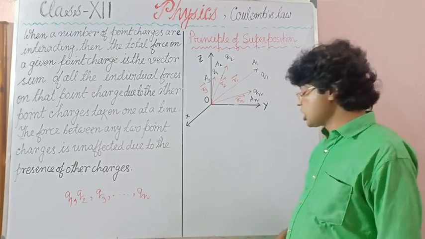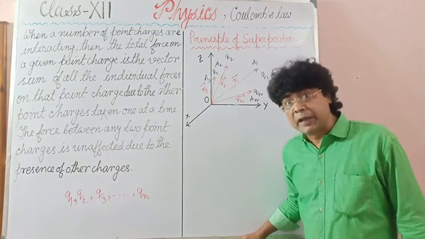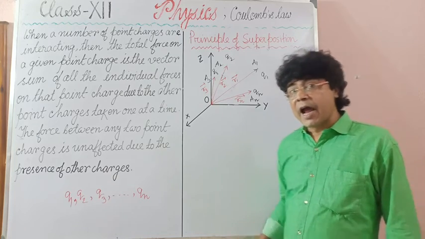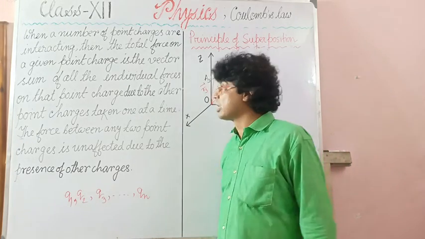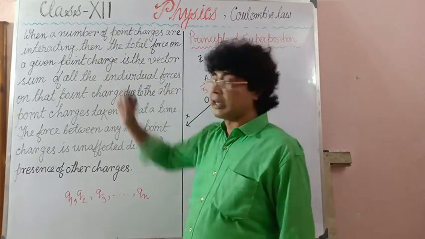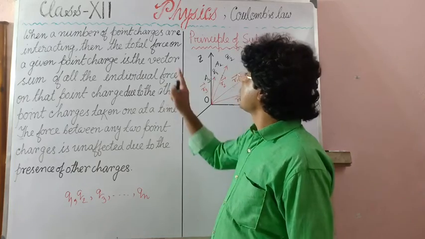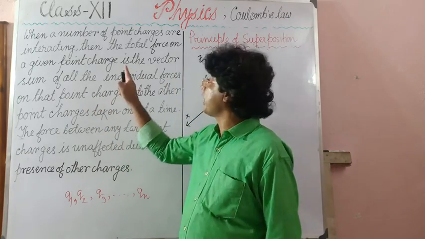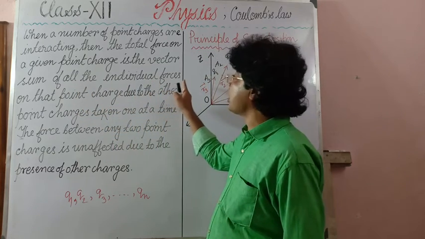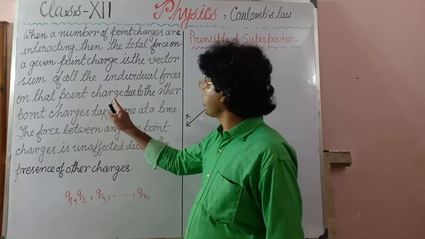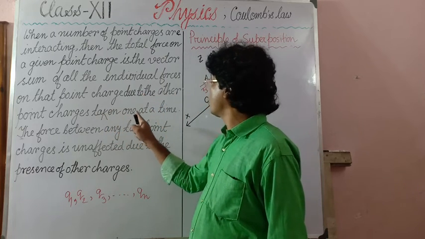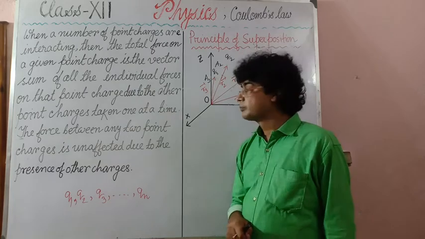The principle of superposition gives a method to find this force. According to the principle of superposition, when a number of point charges are interacting, the total force on a given point charge is the vector sum of all the individual forces on that point charge due to the other point charges taken one at a time.